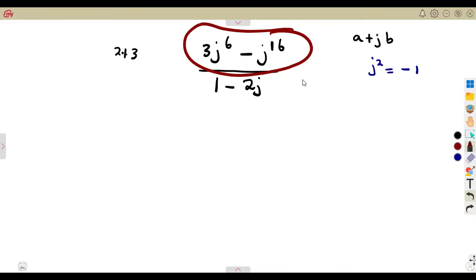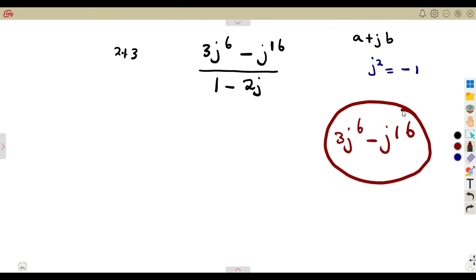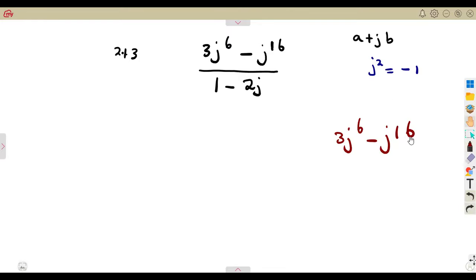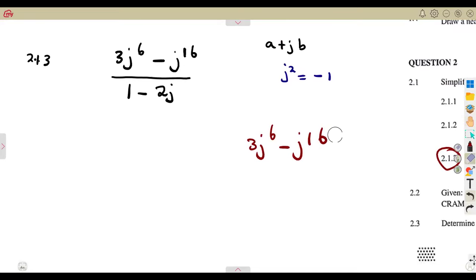There can be a question where you are given: simplify 3j to the exponent of 6 minus j to the exponent of 16. Remember that you can be given a question like that. So they want you to first simplify this to its simplest form. So how can we simplify this in simplest form? Okay, so you can just simplify this one aside.